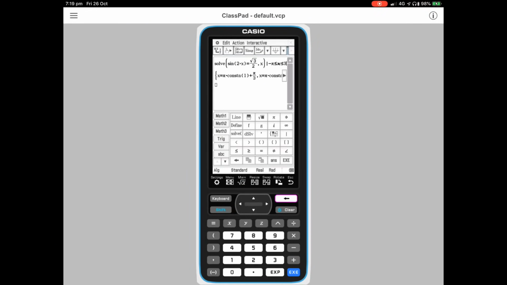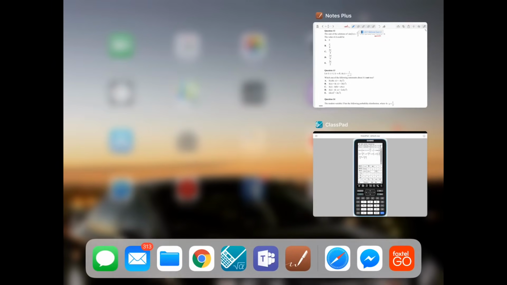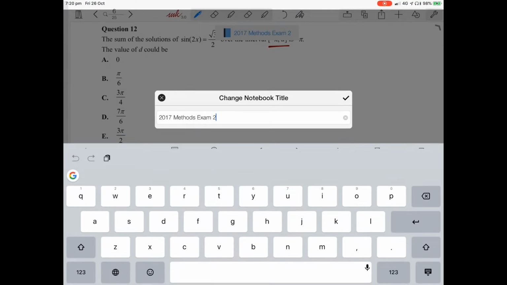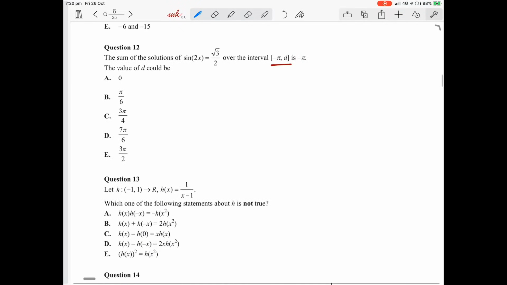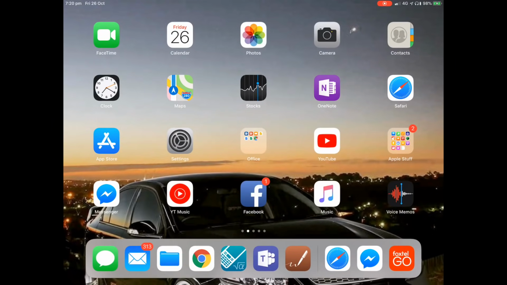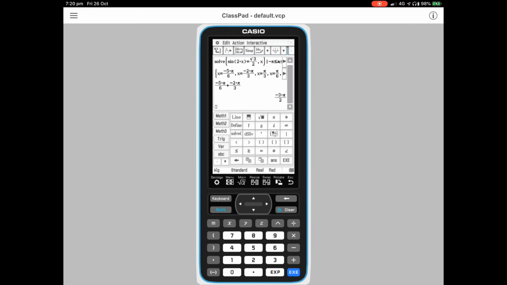So let's do 3 pi divided by 2. Okay, so if we do that, plus that, what has it got to equal? Pi, or -pi. Get away. Stupid thing. -pi. Is that it? I think we've got the answer. -3 pi on 2.